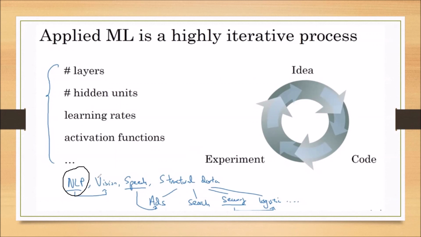It is one of the applications of deep learning. You can think of computer vision, speech recognition, and structured data like advertisements, searching, computer security, and logistics applications. These are some applications where we are using deep learning techniques nowadays.